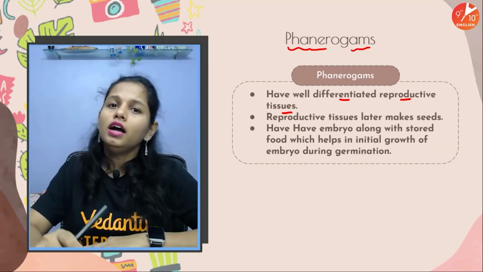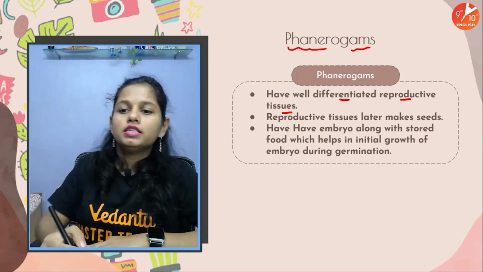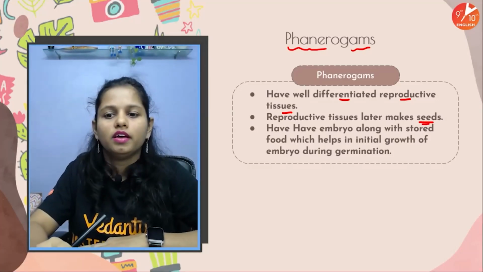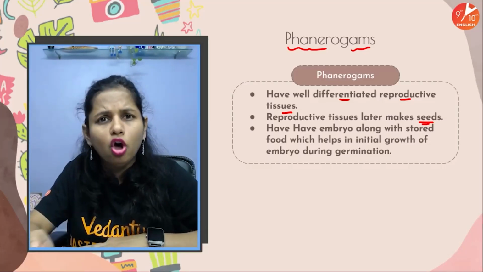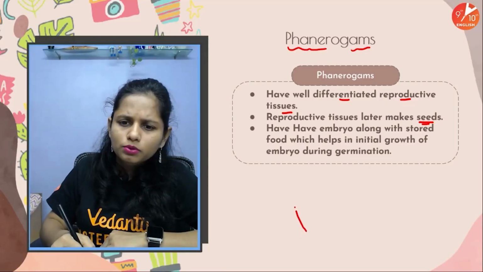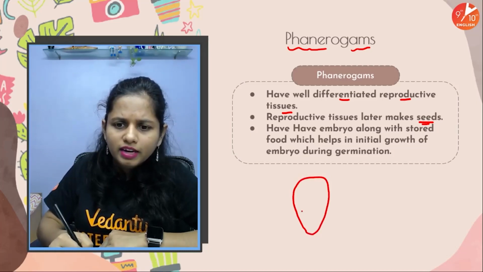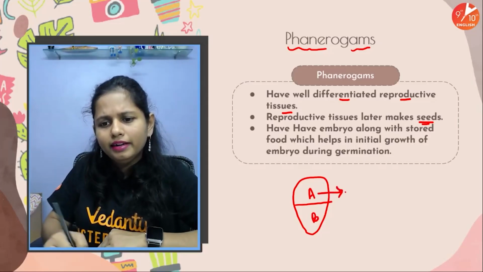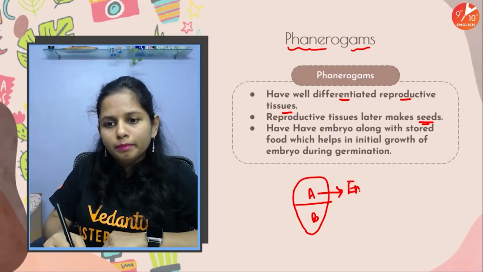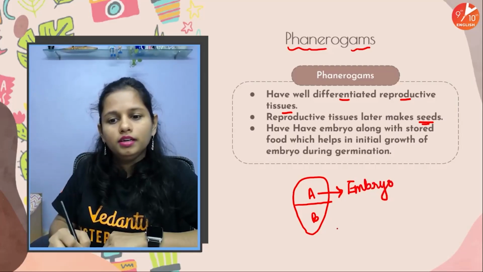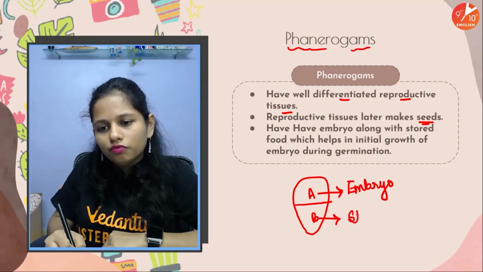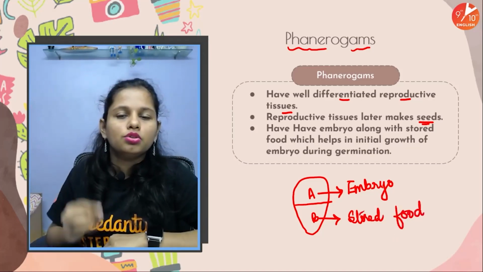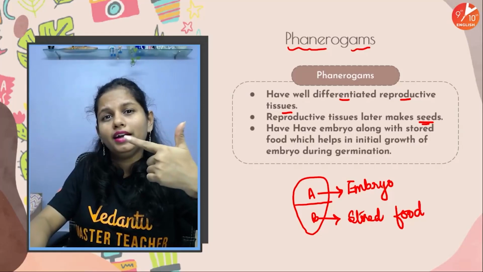Now these plants produce seeds, you can see their seeds, and if you talk about the structure of a seed, suppose this is a seed, the seed will have two parts, part A and part B. Part A will be the embryo, and part B will be stored food. So the seed will have two parts, embryo and stored food.